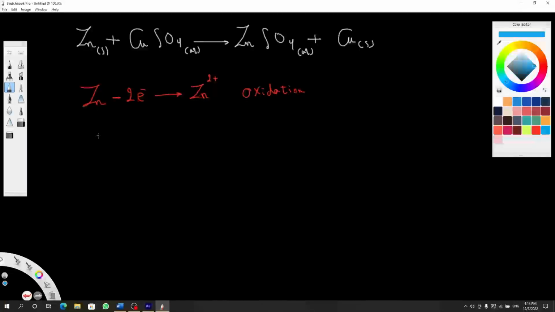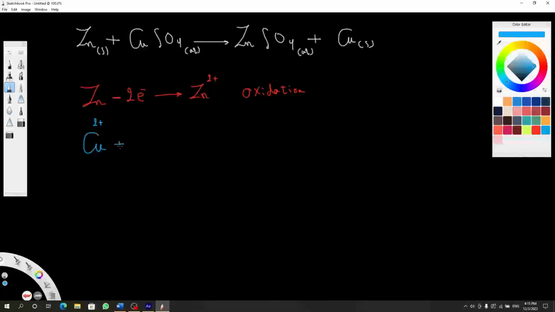As for copper, it's present here in the reactants as an ion, because this is an ionic compound, copper sulfate, a salt. So this is copper carrying 2 positive, which is how it exists in this ionic equation as an ion.